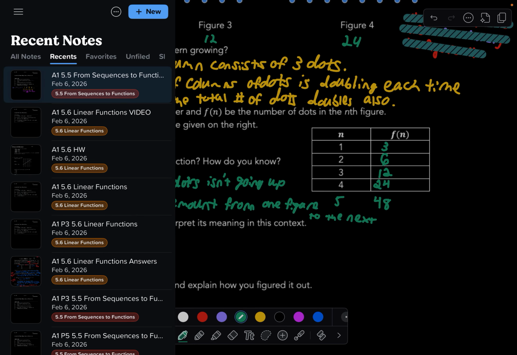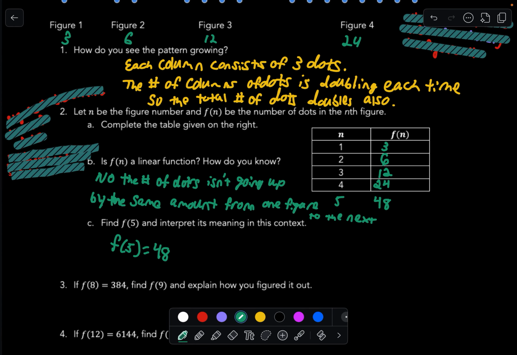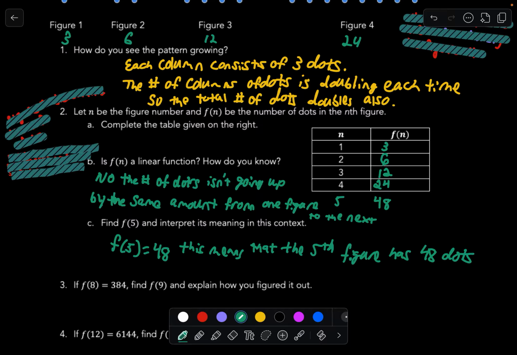This means that the fifth figure has 48 dots. Okay.